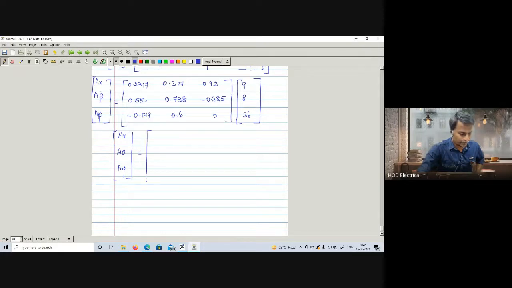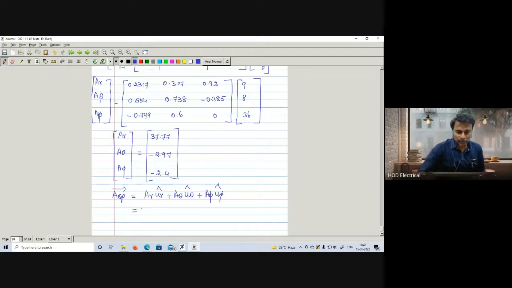So we can finally write A_r, A_theta, A_phi equal to 37.77, then minus 2.97, minus 2.4. Now we can write A in spherical coordinates as A_r into u_r cap plus A_theta into u_theta cap plus A_phi into u_phi cap.